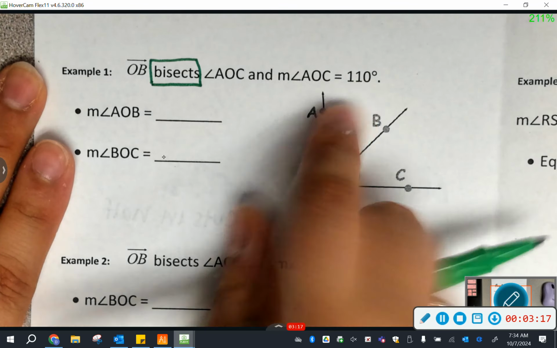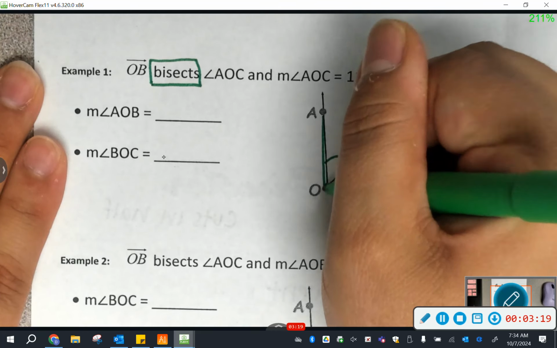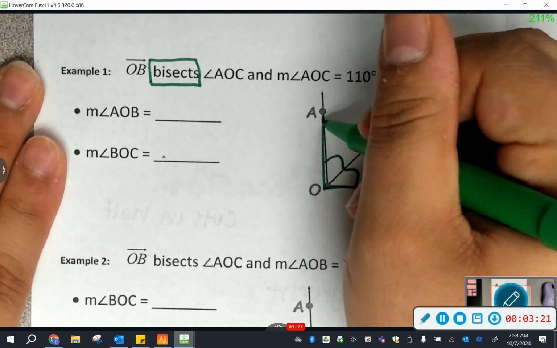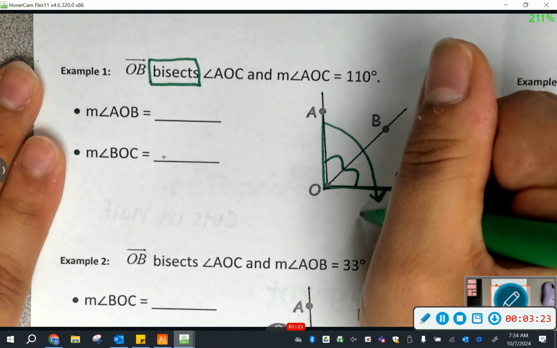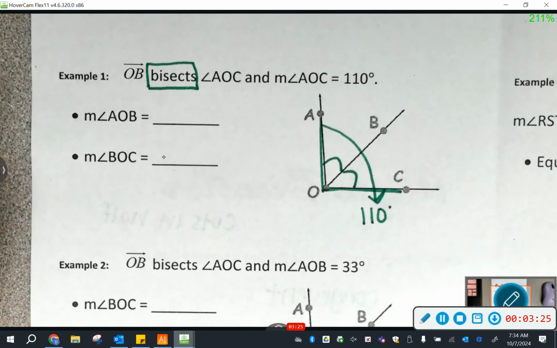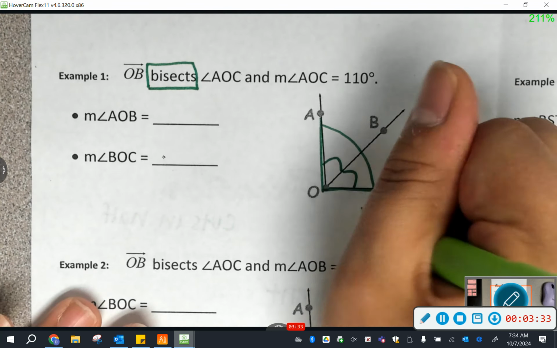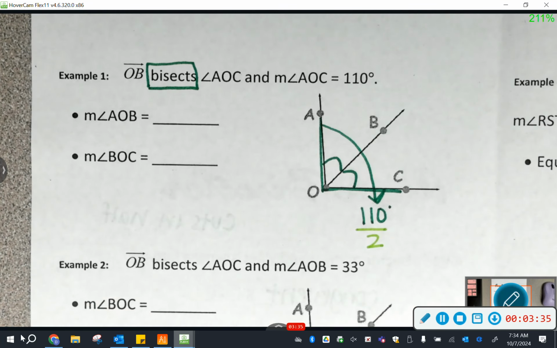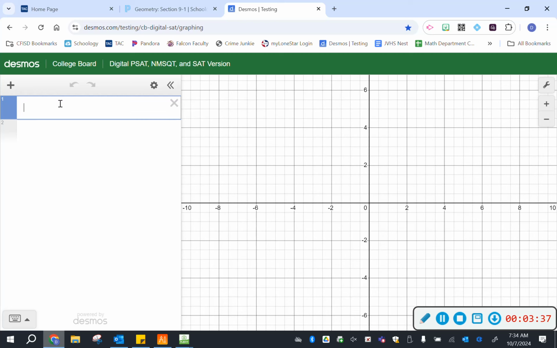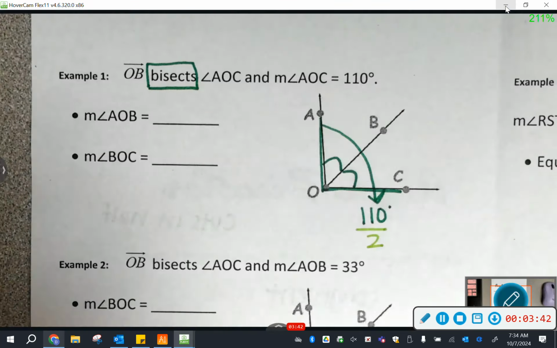So it tells you AOC. What is AOC? The whole thing is what? 110. How do I find AOB and BOC? What am I going to do? Divide it by 2. What is 110 divided by 2? 55.